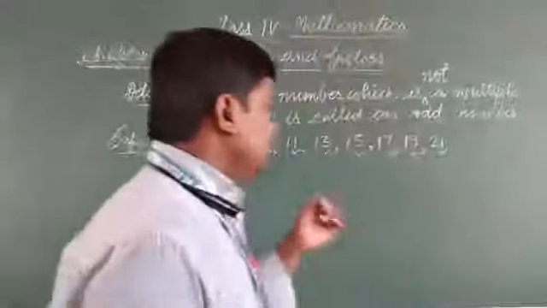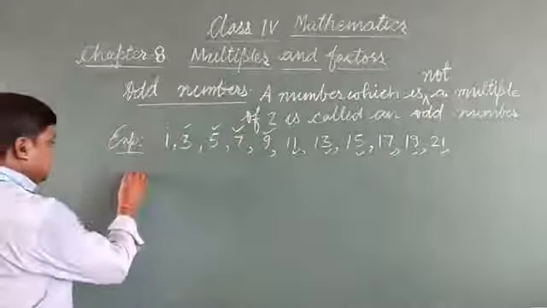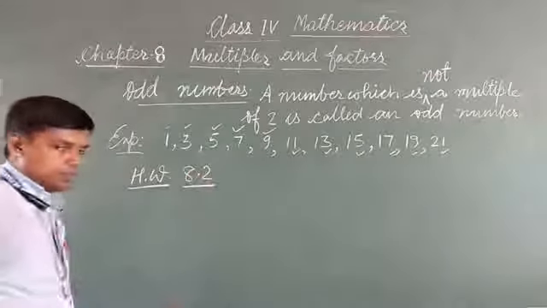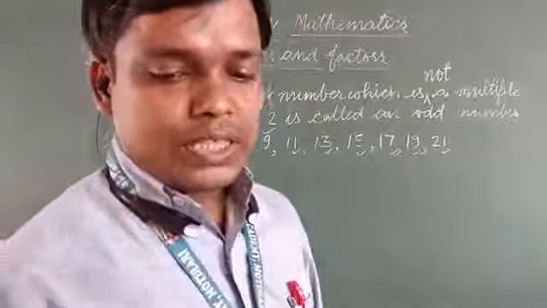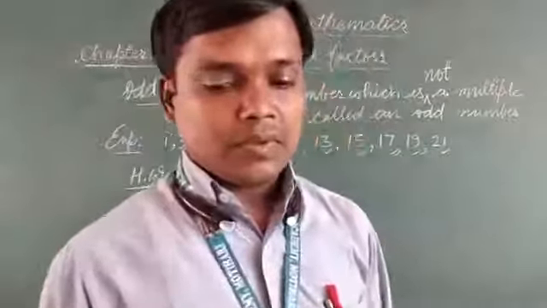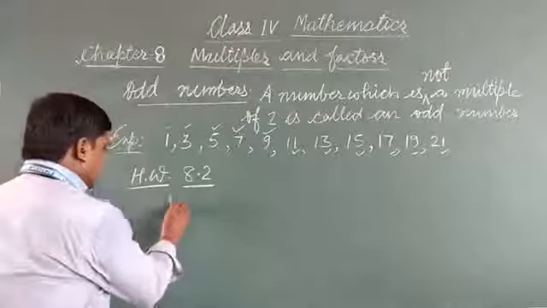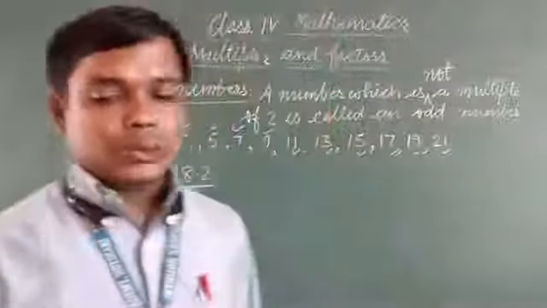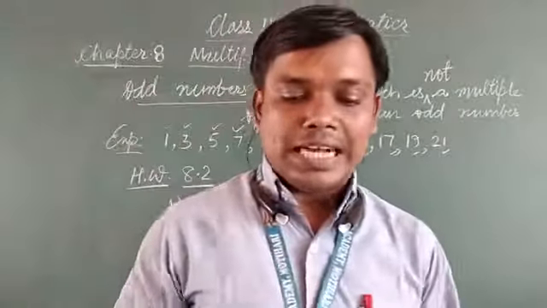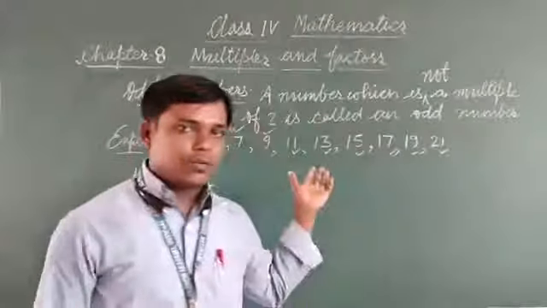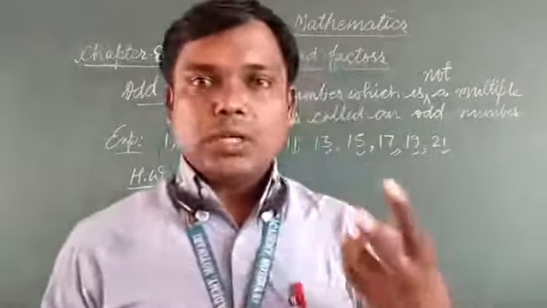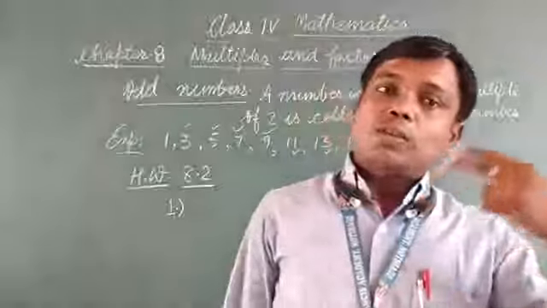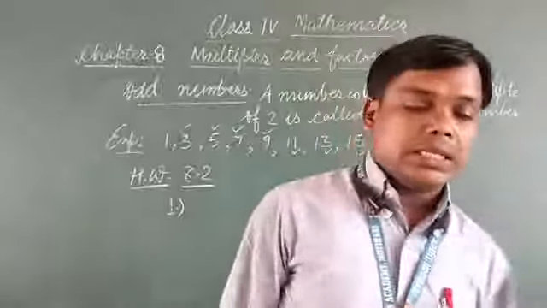Now you will solve exercise 8.2. First question, it is written here: 4 into 8 is equal to 32. 32 is a multiple of dash and dash. Just before this topic I told you, when two numbers are multiplied together we get a product, and the product is a multiple of the numbers which are multiplied together.